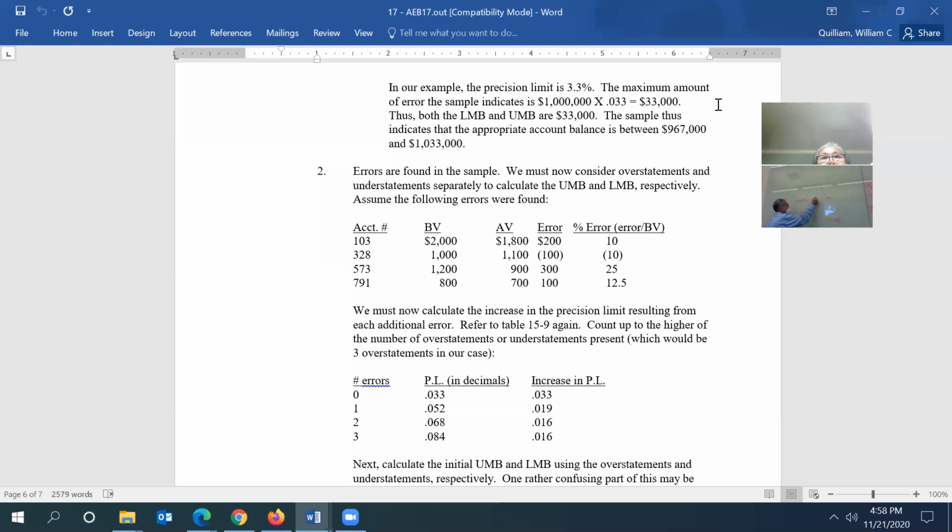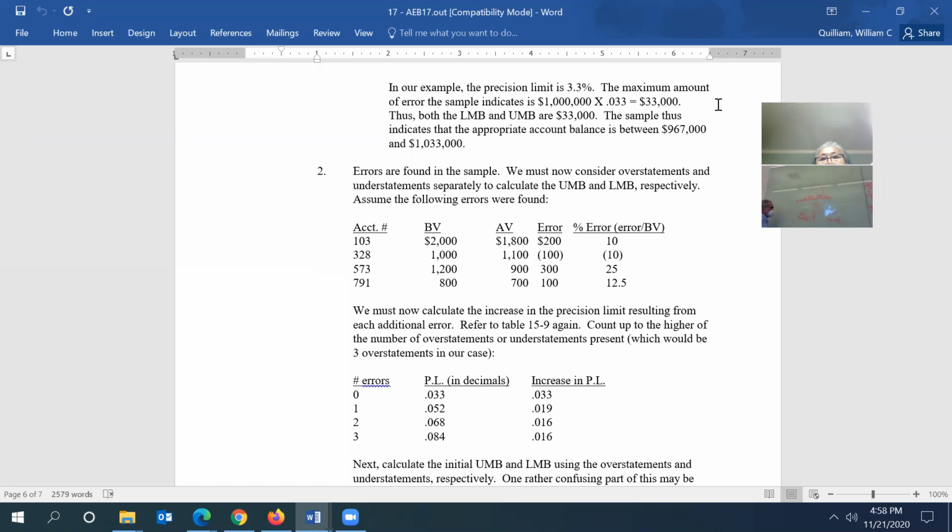So the allowance for sampling error, we think, would be 33,000. Because again, there could be up to 33,000 of error in the population.